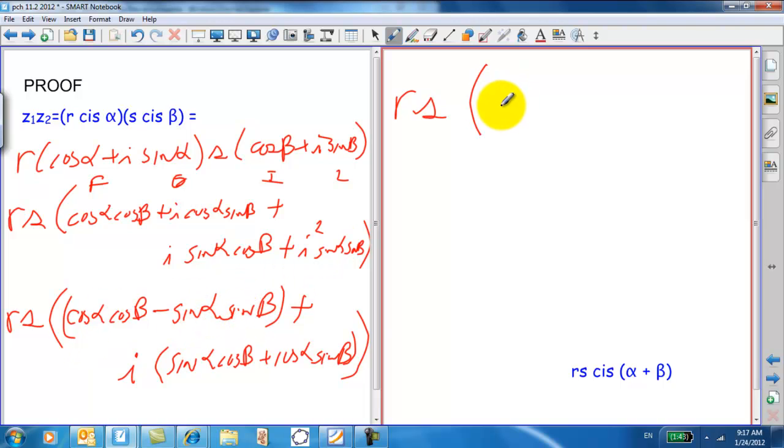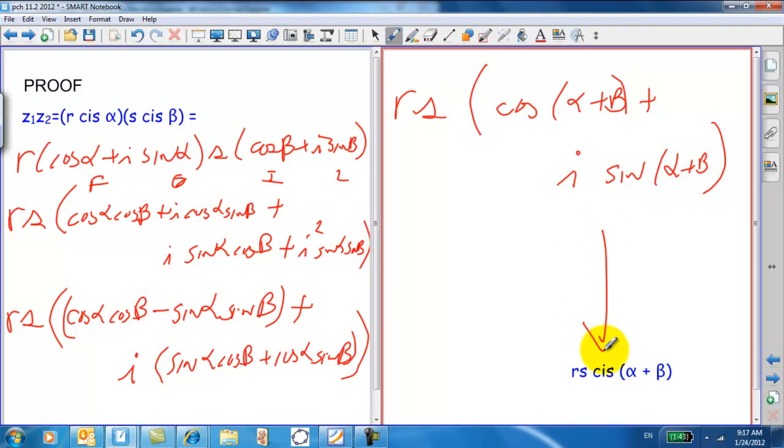We just did that expansion. That's the cosine of alpha plus beta, plus i times sine alpha cosine beta plus cosine alpha sine beta, which is the sine of alpha plus beta. That works out to be RS cis, cosine plus i times the sine of alpha plus beta. Very handy.